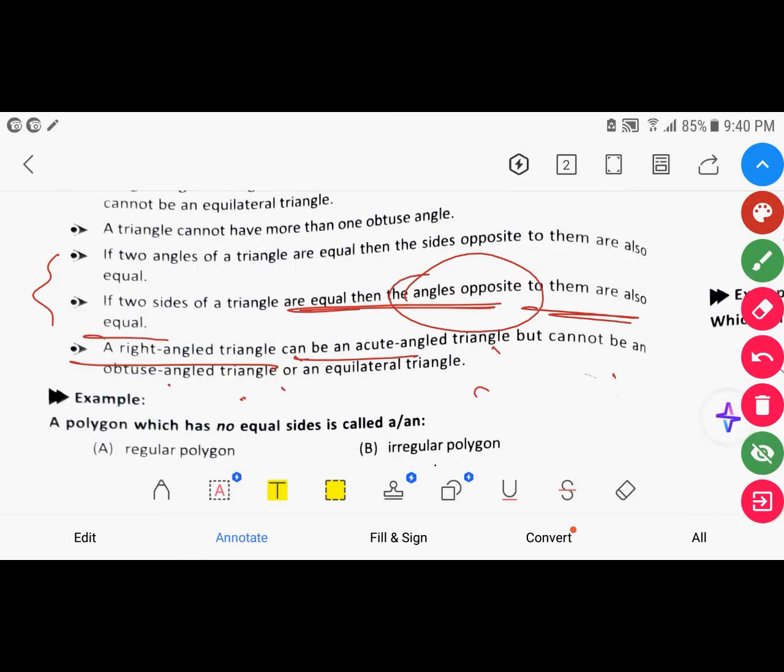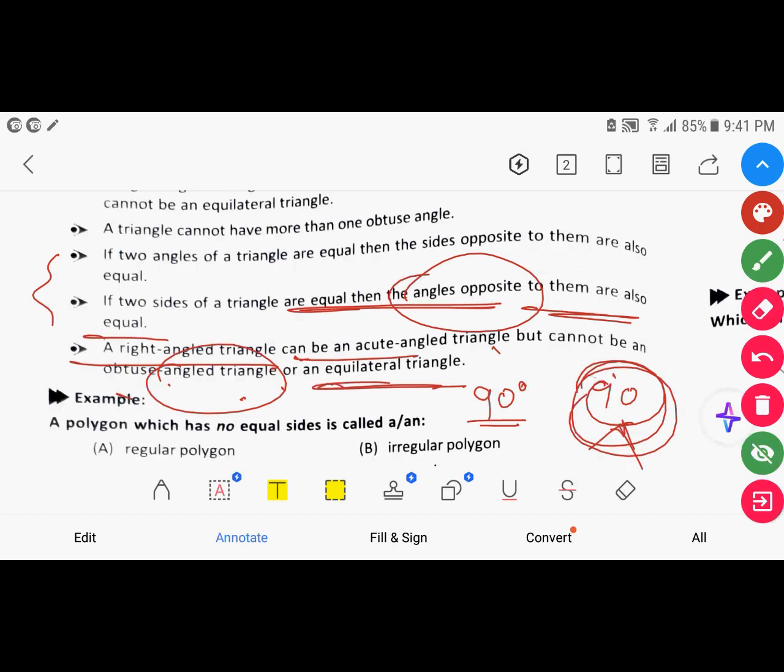Already we saw, because if one angle is 90 degrees, the other two have to adjust in the remaining 90 degrees, so it can never be an obtuse angle triangle or an equilateral triangle, because 90 is divided into two angles and already one angle is 90, so it cannot be equilateral.